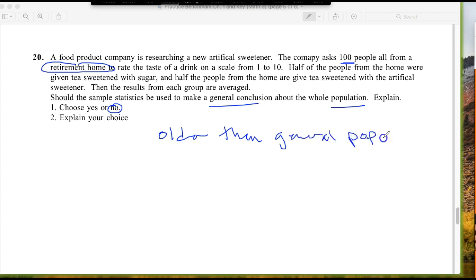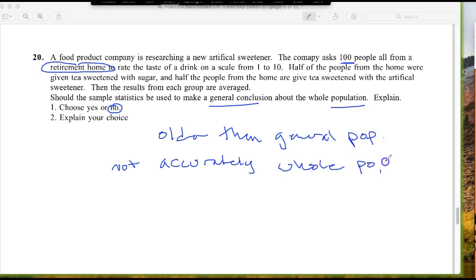Okay. So it might not accurately represent the population's taste as a whole. Everybody can have different age groups, might have different taste likes, okay? Not accurately represent whole population.